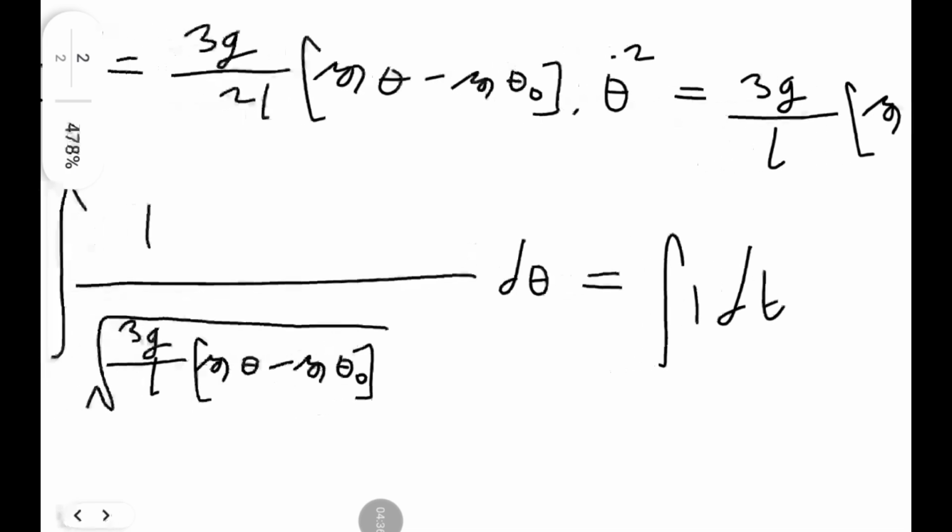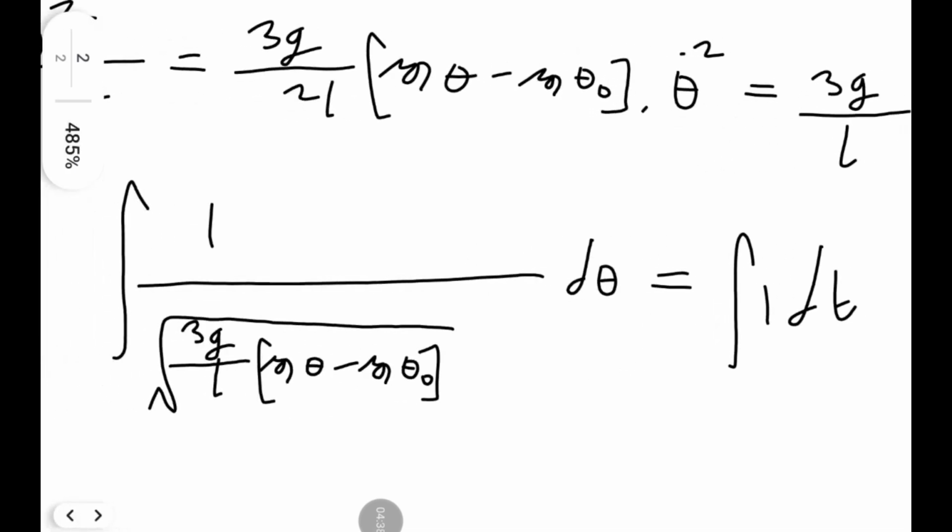So that is the integral form you're going to get into if you want to get theta. However, that is very hard to solve with normal methods. You'd have to use numerical methods, which is the only issue with that. However, it's good to put it in that form, and you could use numerical methods to get theta as a function of time.